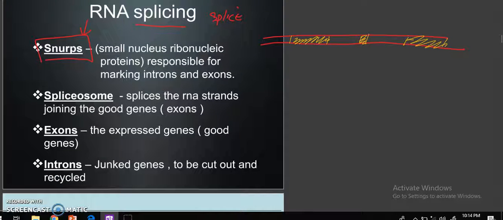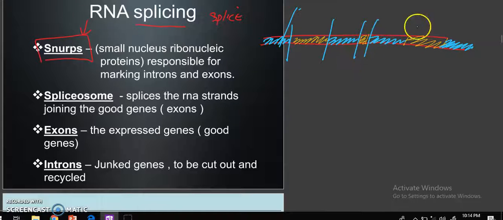The cell only wants the exons together, so they will cut between these exons and introns and take away the yellow part, which are the introns. The one responsible for the process is the snRNPs, the small nuclear ribonucleic proteins, which mark the introns and the exons.